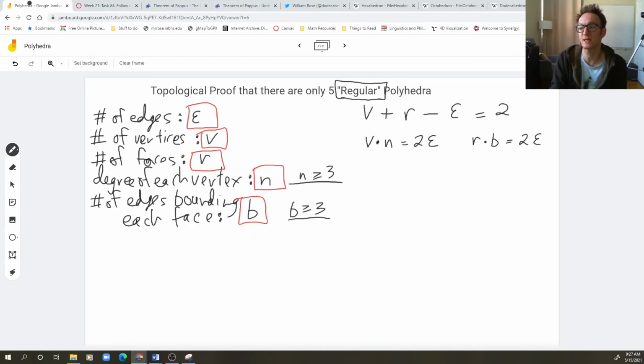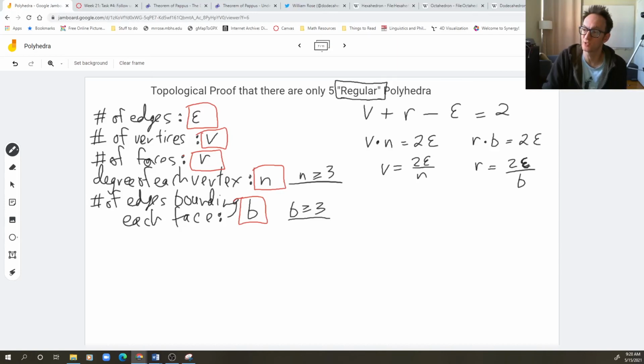What this does is provide a connection between V, n and epsilon, and R, b and epsilon, such that I may now rewrite the number of vertices as twice the number of edges over the degree of each vertex, and I may rewrite the number of, no, that's not what I want to do. I want to rewrite the number of regions, or just the number of faces. That's what R is, right? So the number of regions is therefore just twice the number of edges over what you might call the degree of each region.